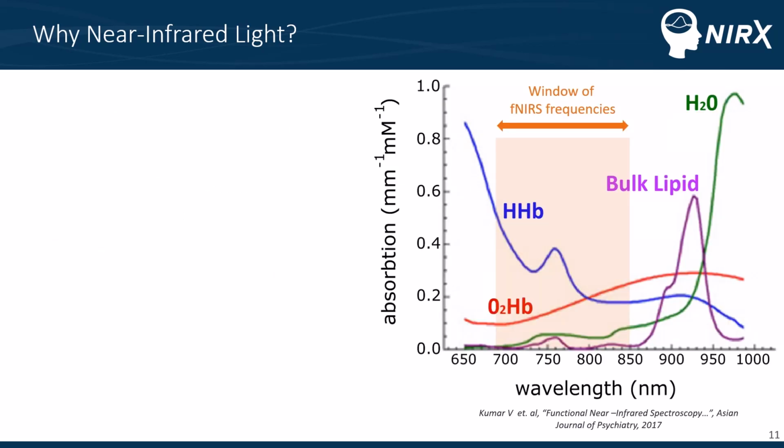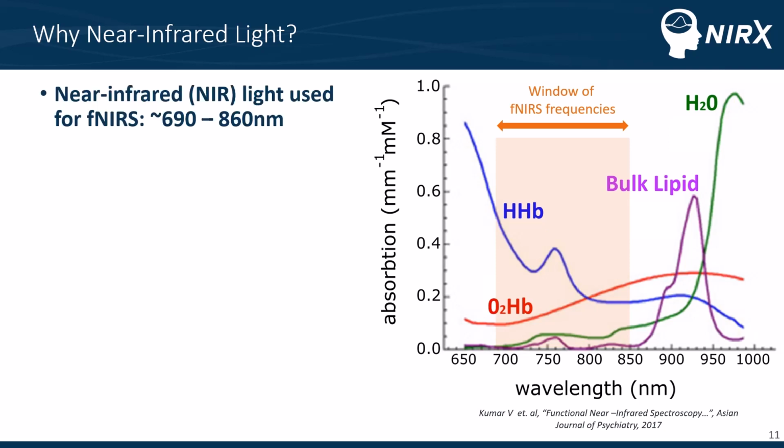Okay, and just to give some more information on why exactly that is, near-infrared light uses light between 690 and 860 nanometers specifically. So you've got this window here, and we see this on this curve of frequencies used in fNIRS imaging. The reason we use them is because here we've got plotted these curves of absorption coefficients of various substances.